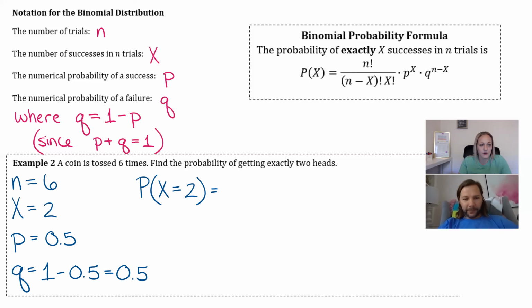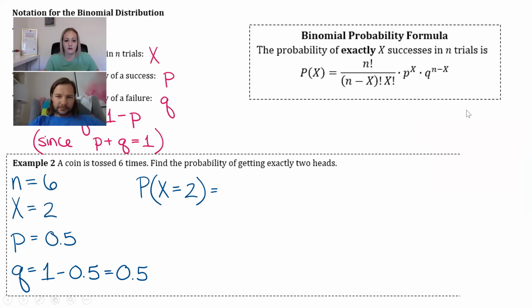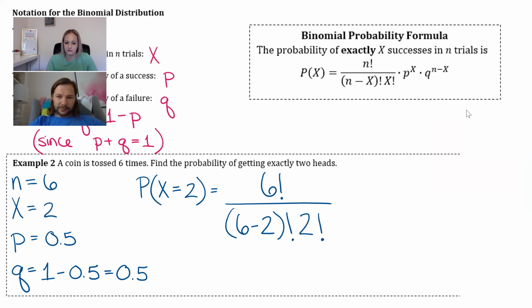And for our notation, in parentheses next to your capital P, you're just going to put what X equals. So we'll say the probability of X being equal to 2, and then we'll fill in our formula. Okay, so we have 6 factorial over 6 minus 2 factorial times 2 factorial.